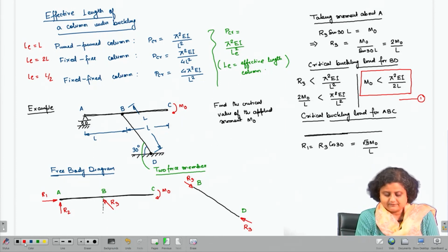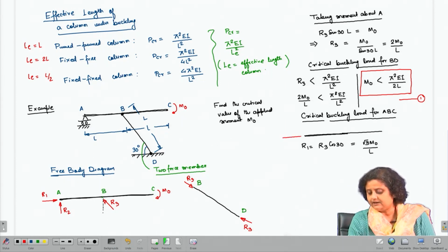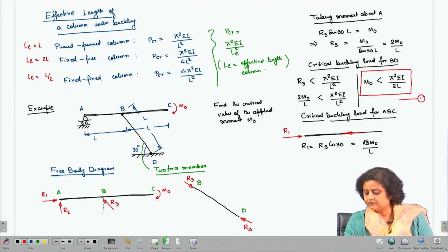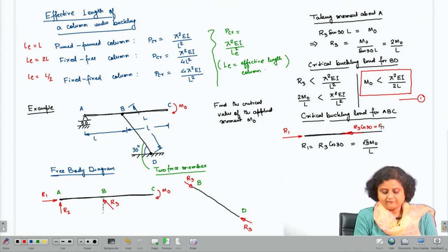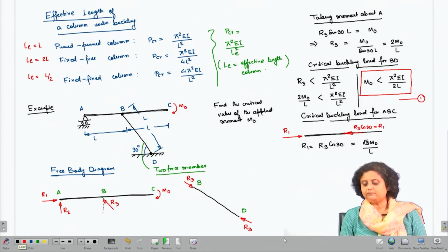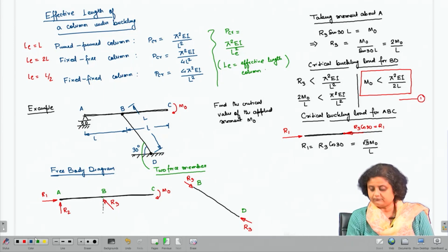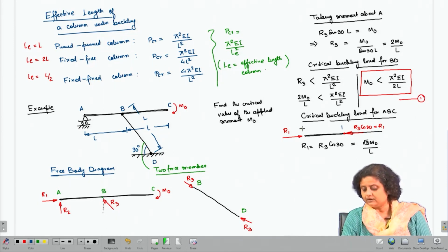Therefore, on the axial side we are going to have R1, and we are going to have R3 cos 30, which is equal to R1. So, we can say that the critical buckling load is only for this portion, L, because from B to C there is no axial load acting.